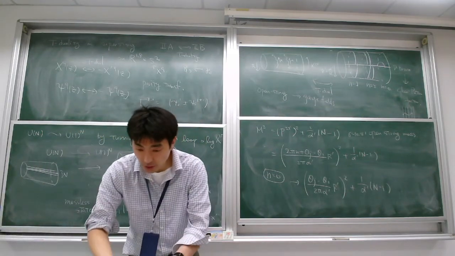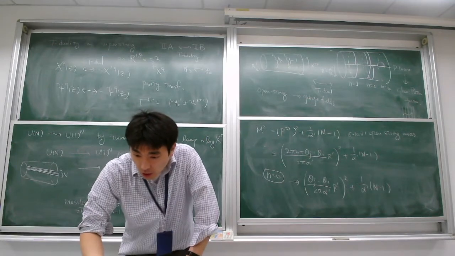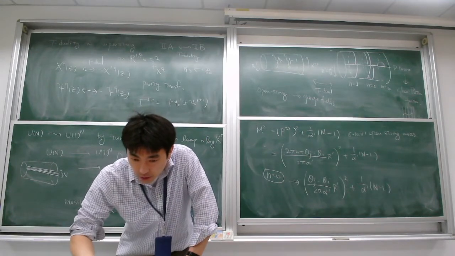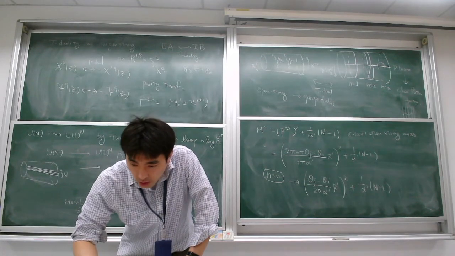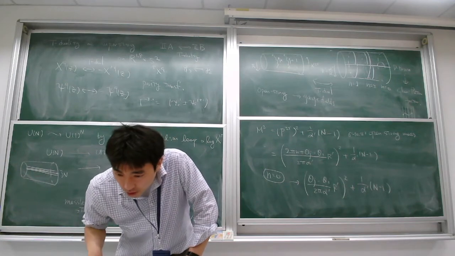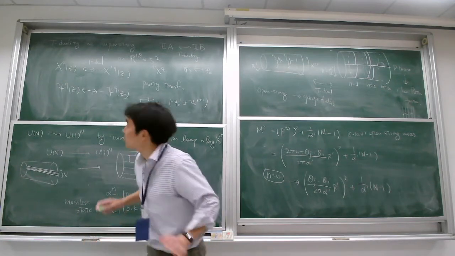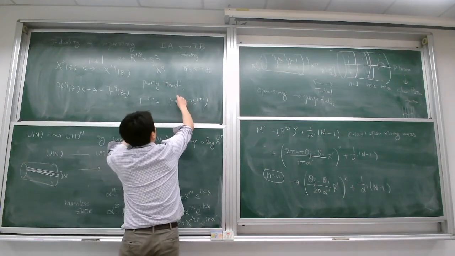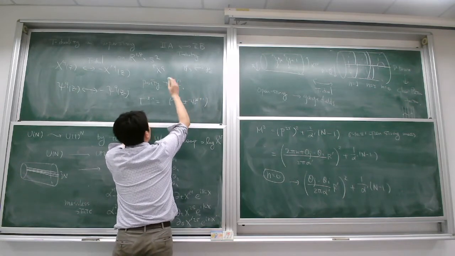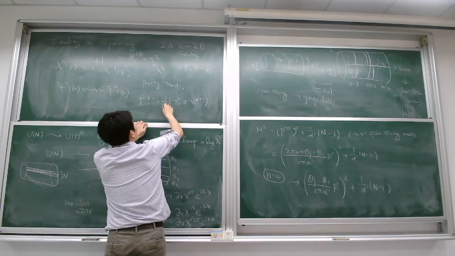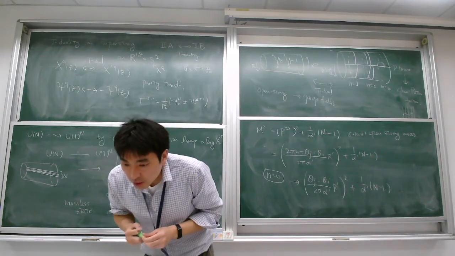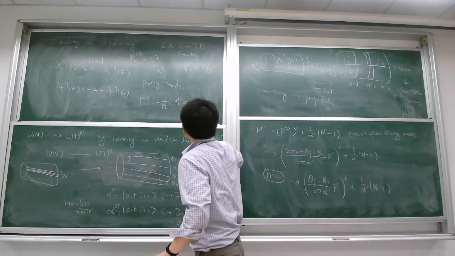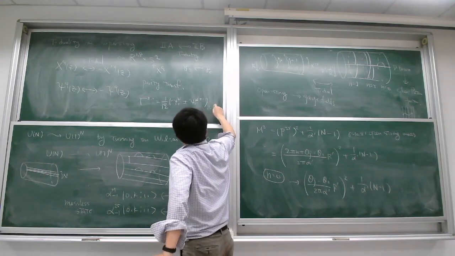I didn't print out that part. How did I define it previously, the raising and lowering operators? I already forgot. Oh, 2i, sorry. 2i plus 1, and then 1 over square root of 2. This is how I define the Ramond creation and annihilation operators. I runs for 1, 2, 3, 4.